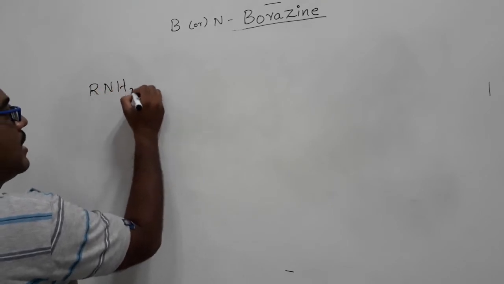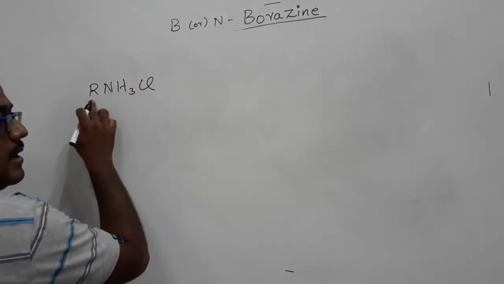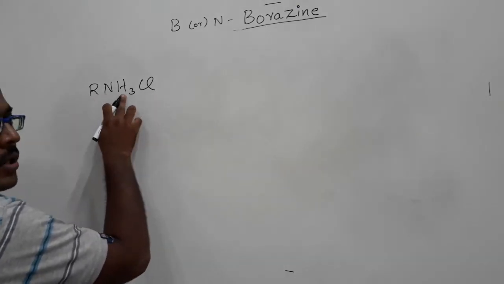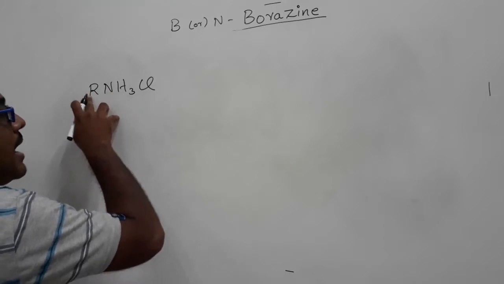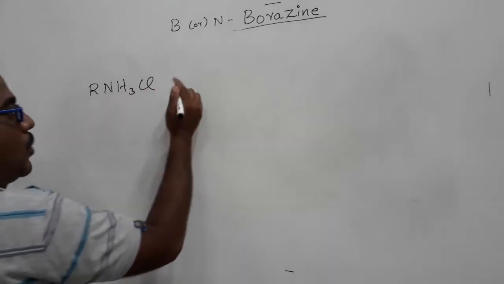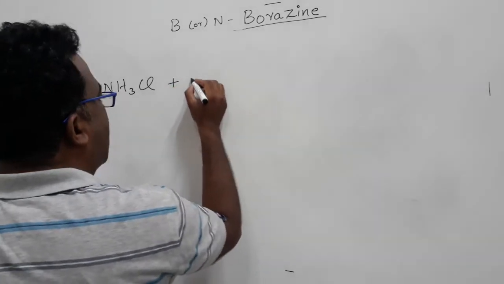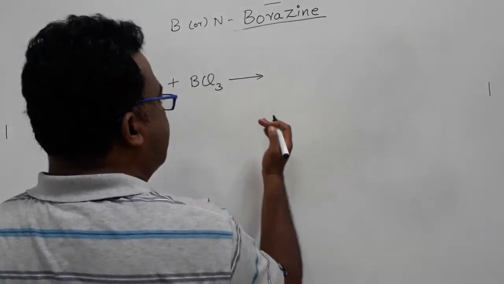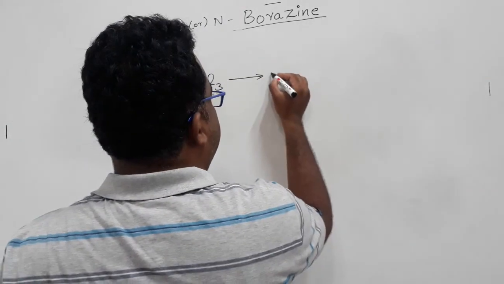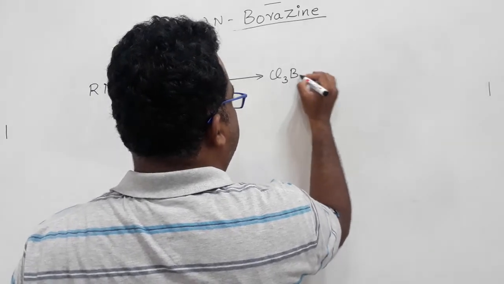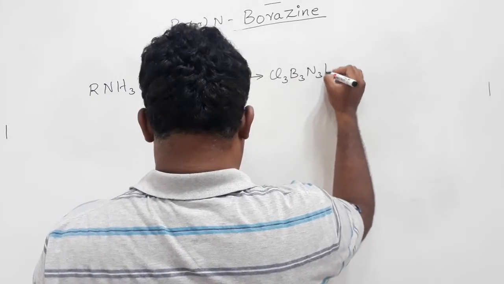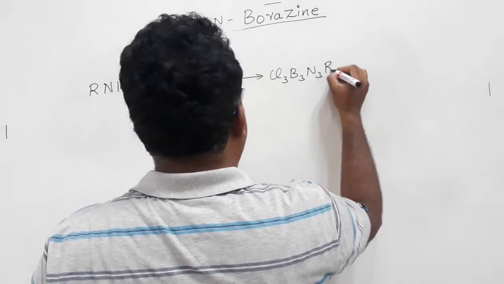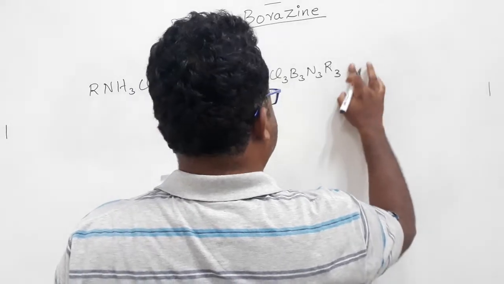For example, instead of ammonium chloride, I have taken RNH3Cl, where R is methyl, giving methyl ammonium chloride, or you can take ethyl ammonium chloride. Any kind of alkyl or aryl group substituted ammonium chloride, you react with boron trichloride. The reaction is almost similar to what we have seen before, giving Cl3B3N3R3.